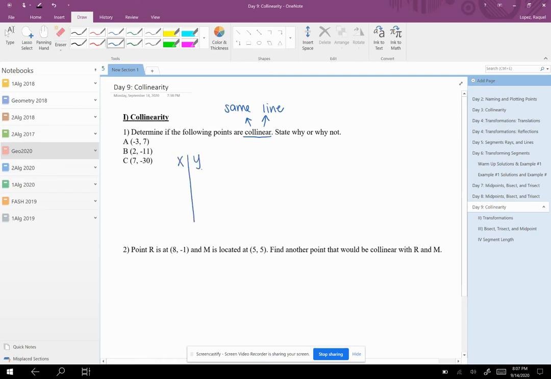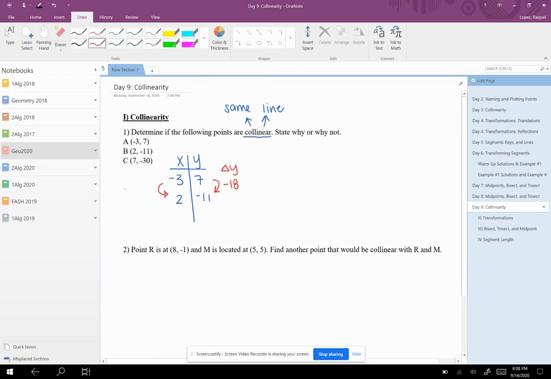So let's make a table here. And I'm going to put -3, 7 here, and I'm going to put 2, -11 here. Now, to find the slope, I need to find my change in y over my change in x. So my change in y, I go from 7 to -11, so that's a jump of 18. To go from 7 to -11, I'm going down 18. So this is my change in y.